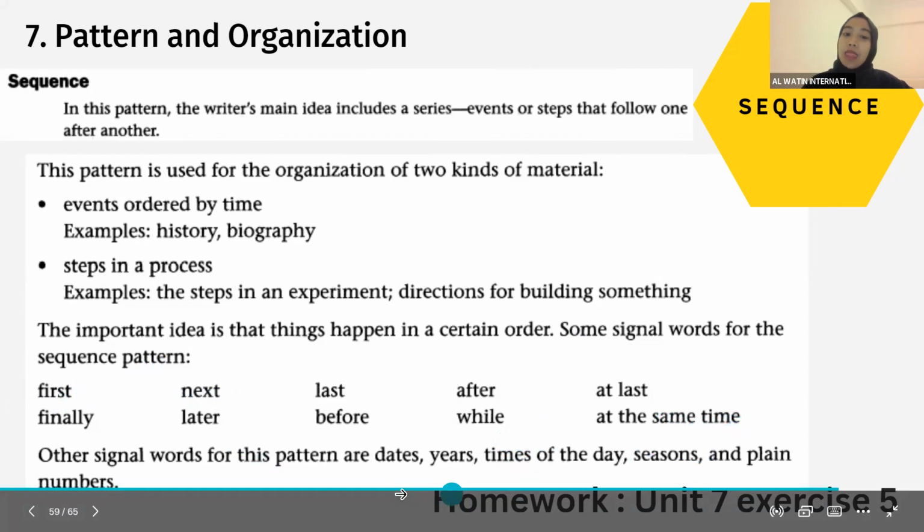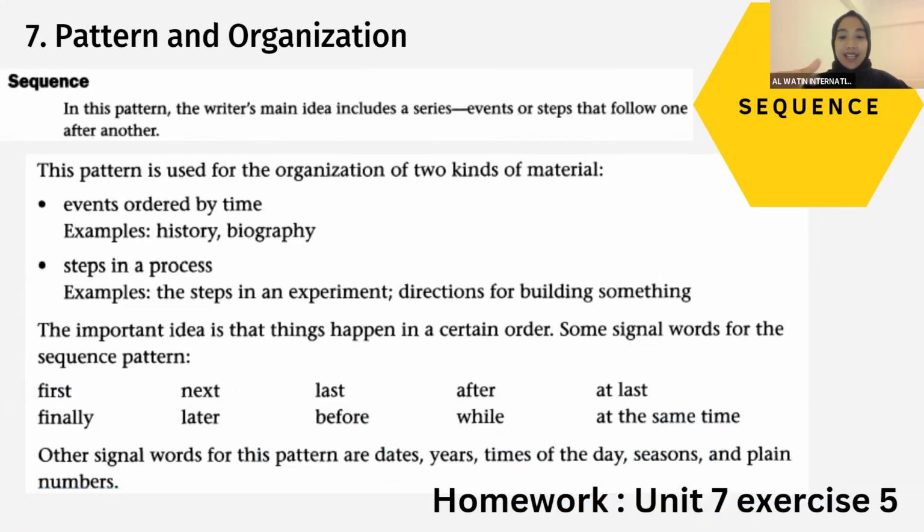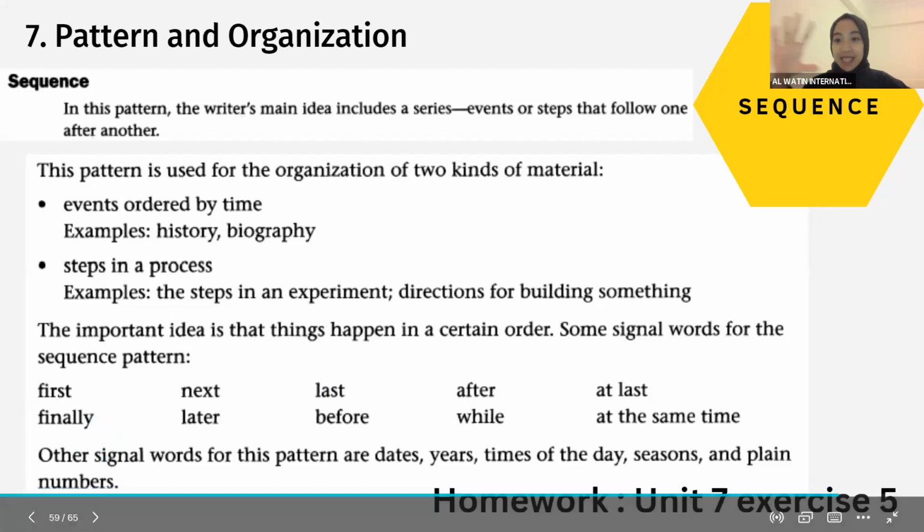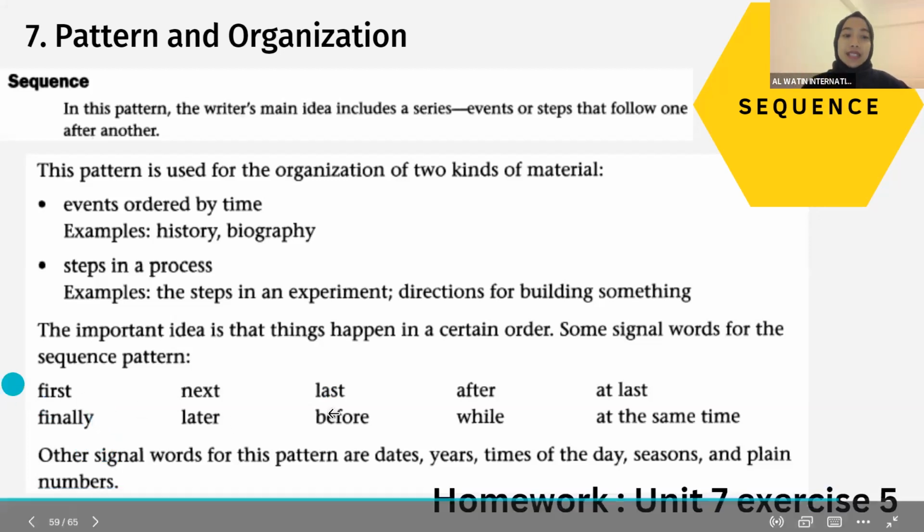We can also use before and after, and then at the last part of the paragraph, we can use the words at last or finally. Okay, so that's the steps. For example, you make a cake, these are the steps.